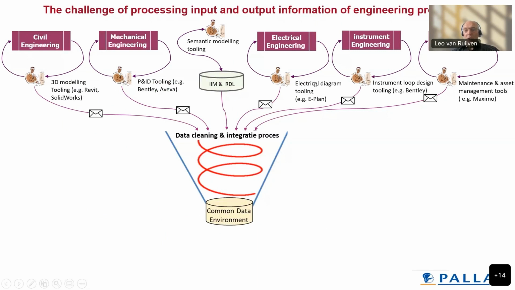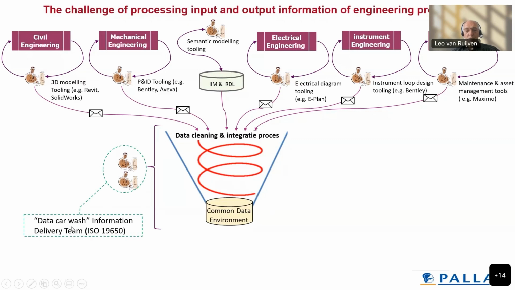The tools can also have very bad interoperability. So we extract data from those tools, clean the data, and harmonize it according to the information model and the reference data library, to be sure that in the common data environment we get a really correct representation of the whole design over all disciplines.